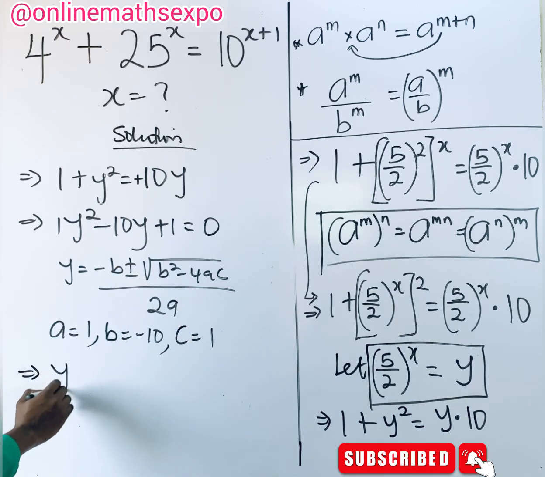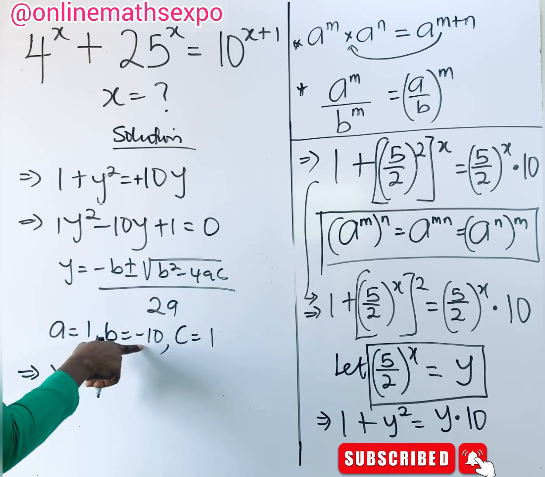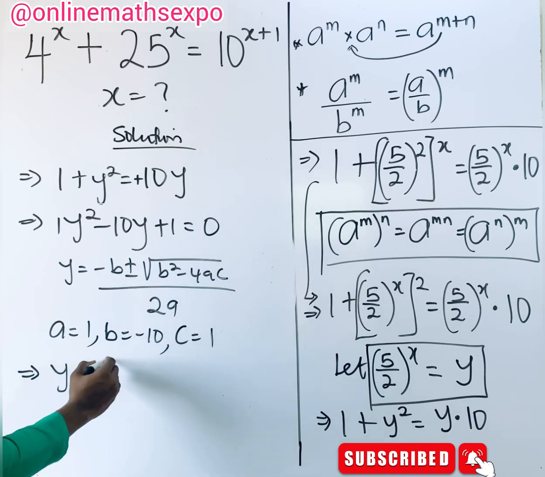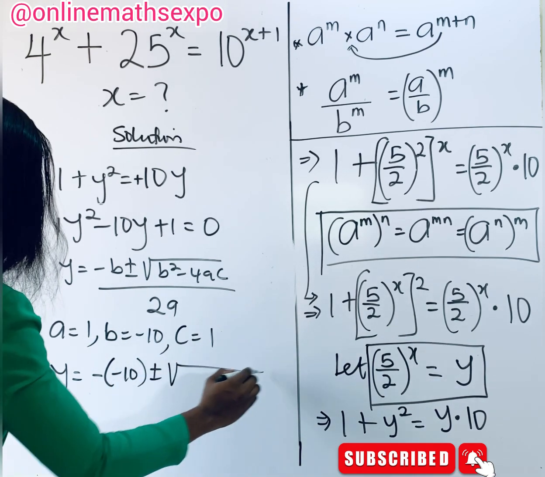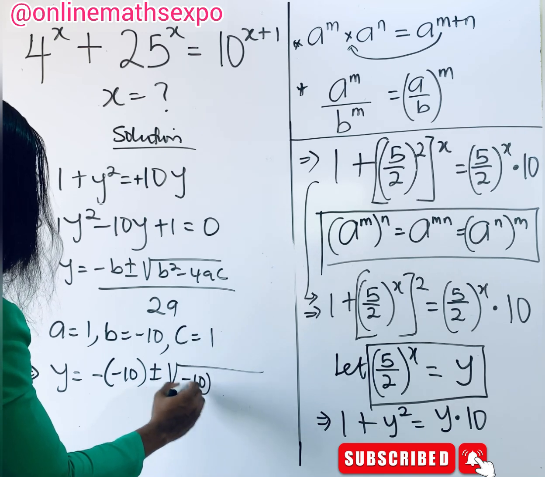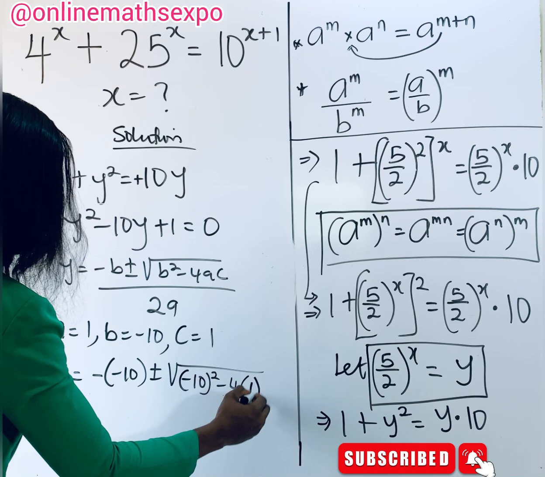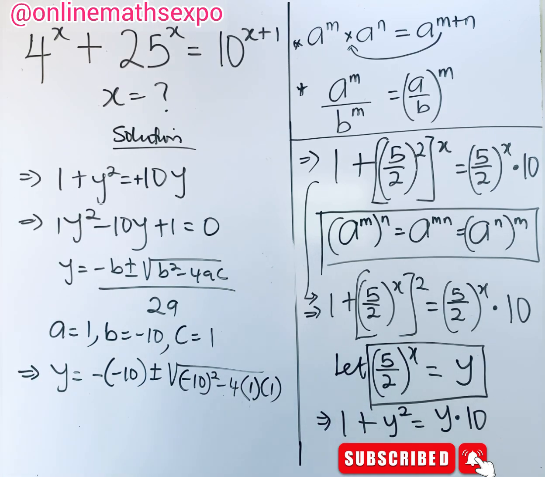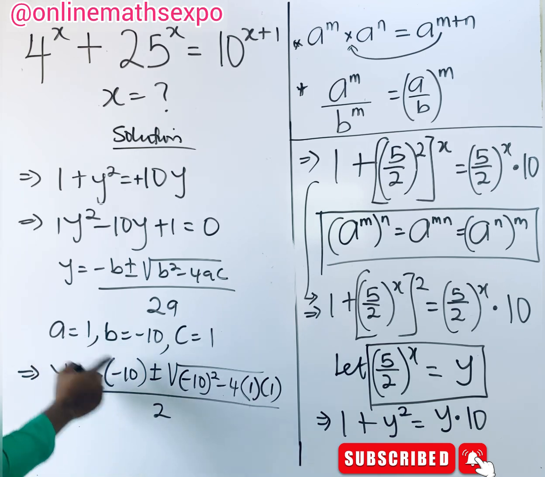So plug this into the formula. We are going to have y is negative b, and b is negative 10, so take note that you put that negative 10 in brackets. It's plus or minus square root of negative 10 squared minus 4, where our a is 1 and our c is also 1. Then everything is divided by 2 multiplied by our a, which is also 1.